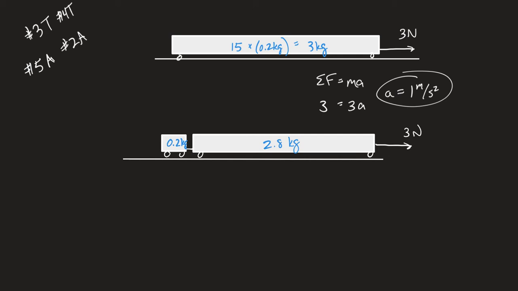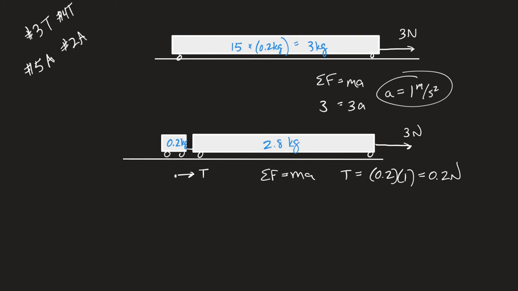So the 1 car by itself is accelerating at 1 meter per second squared. It's experiencing a tension force to the side. So net force equals ma for that car. That means tension equals 0.2 times 1, or 0.2 newtons. Any questions about that?